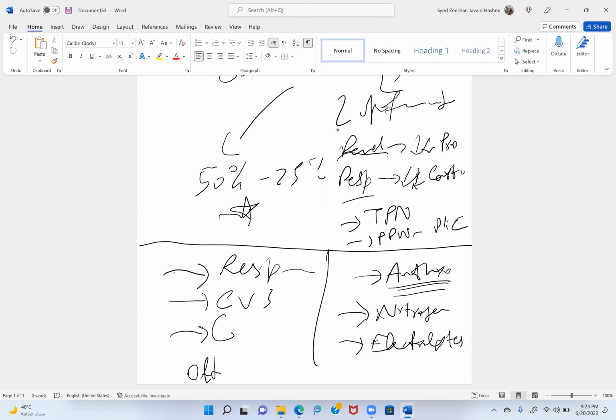I think 1 gram of protein gives 4.75 calories. You will calculate 9.1 for fat and 3.75 for glucose, and you use 30% of your calories from protein.